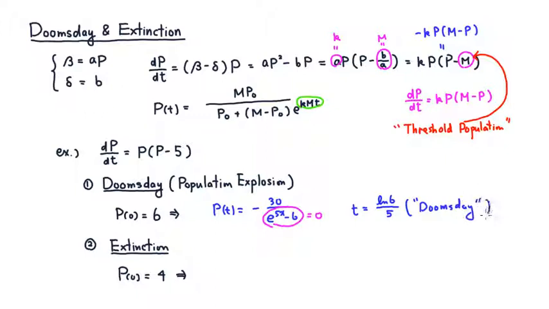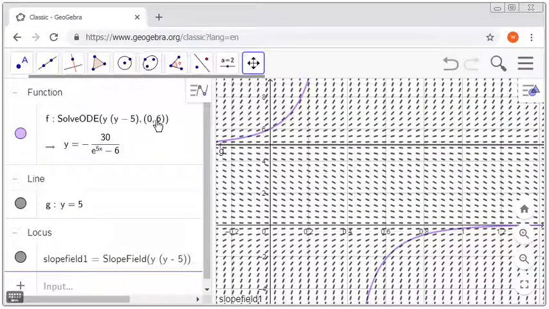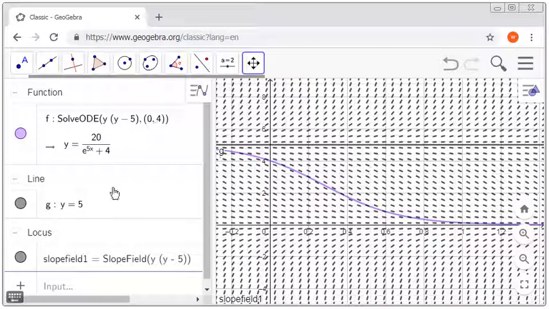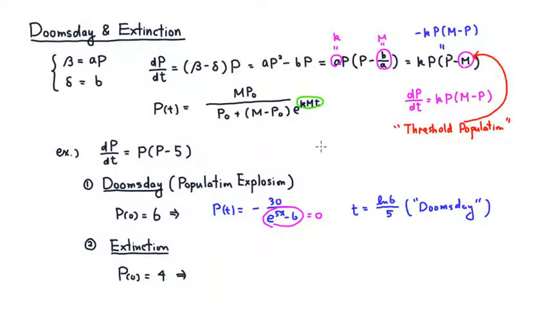But if you have initial population below the threshold population, the function is going to become like this. Let's start with 4. Then the population function is 20 over e to the 5x plus 4.